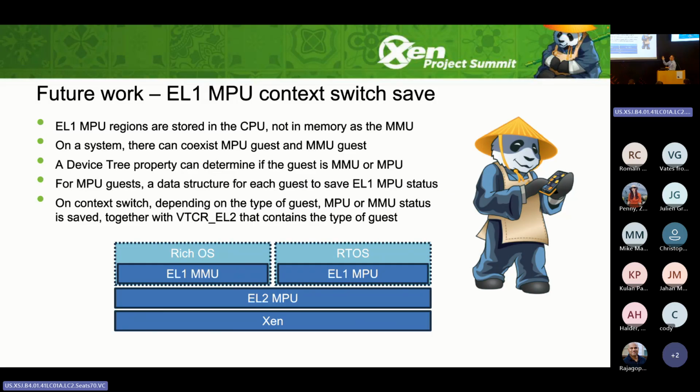So we are thinking about a device tree property, for example, for the dom0less setup. We will need also to provide additional data structures to save the EL1 MPU state. And also on context switch, we will need to save additional registers, one of which is VTCR, which contains that bit selecting which type of guest it is.